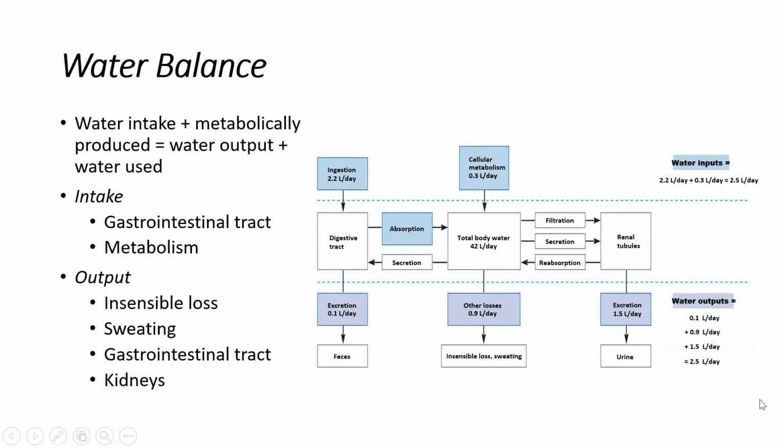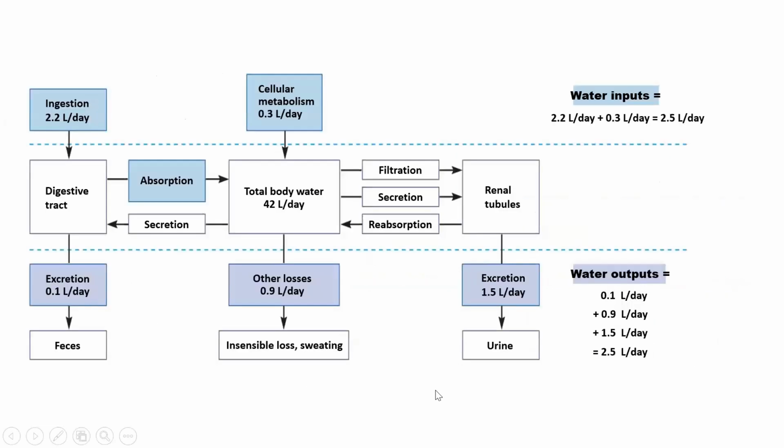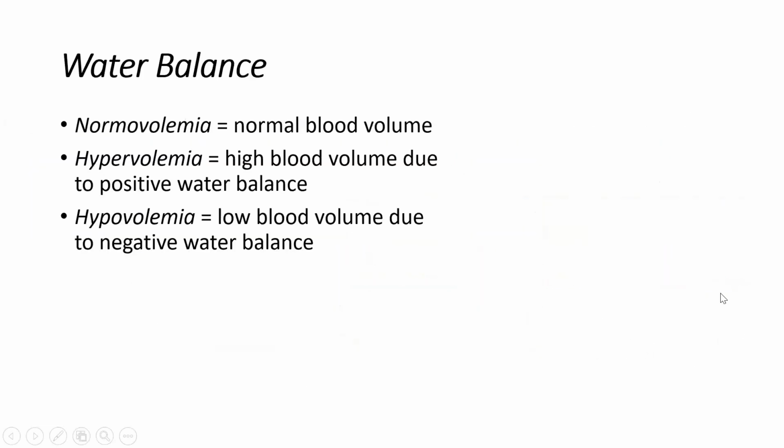Excreting via feces about 0.1 liters, other loss, so insensible loss, sweating, etc., 0.9 liters, and then urinary excretion about 1.5 liters. That sums up to 2.5 liters a day. So the main thing we want to point out here is that our intake should be matched exactly by our outputs, in order to keep us in that state of balance.